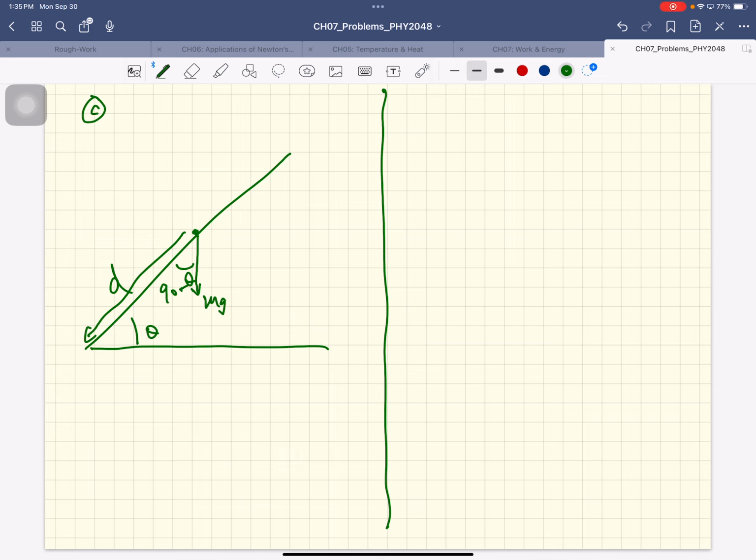And what you could do is, so the work done by gravity would be mg d cosine 90 minus theta. And cosine 90 minus theta is sine theta, so mg sine theta d.